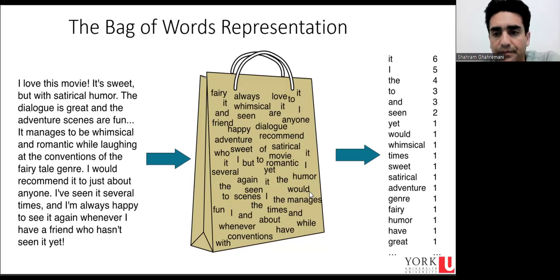So actually, we don't know what order the words occur in. There is the word I, there's the word love, and there are other words in the bag. But you see that the bag doesn't represent the ordering of the words.